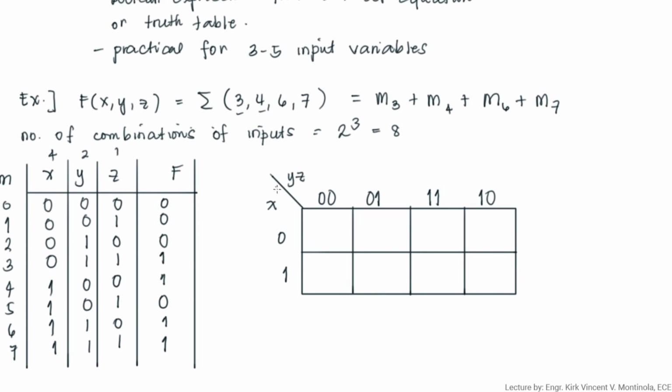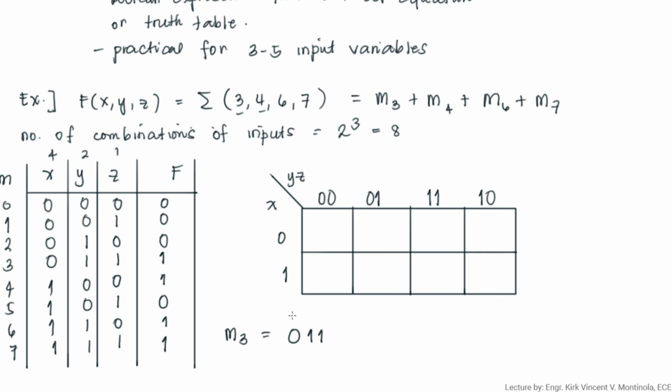Okay. So we know that it will be output as a logic 1 at M3, M4, M6, and M7. So locate your M3. Take note that our M3 has a combination of 0, 1, 1. Okay, then locate the location of M3 and put a logic 1.